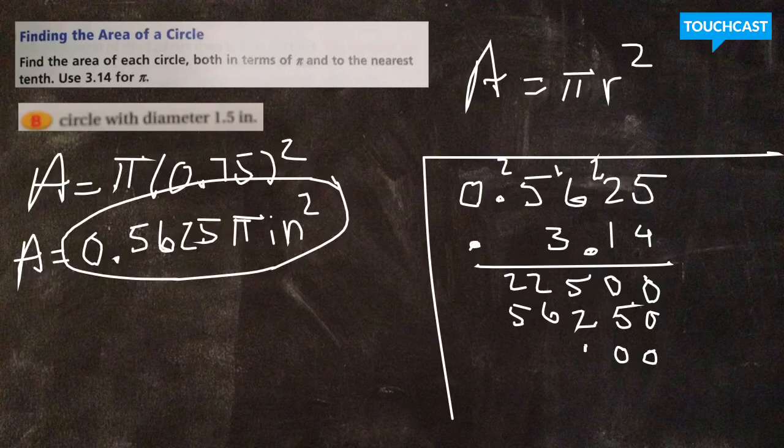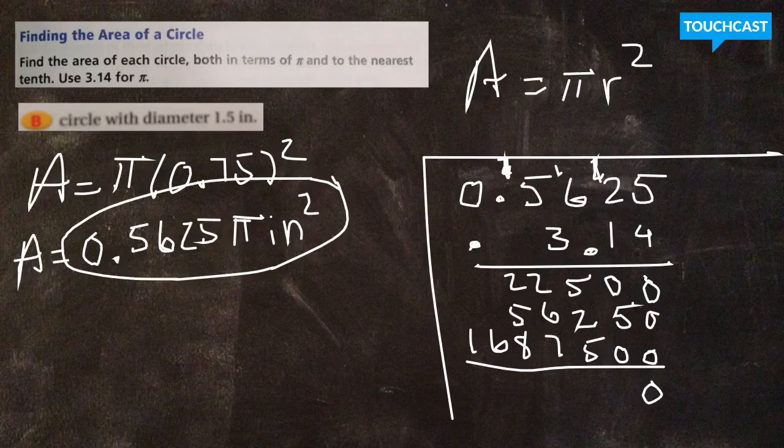3 times 5 is 15. Carry the 1. 3 times 2 is 6. Plus 1 is 7. 3 times 6 is 18. Carry the 1. 3 times 5 is 15. Plus 1 is 16. We have a 0, a 5, 12, carry the 1, 16, carry the 1, 16, carry the 1, 7, and 1.